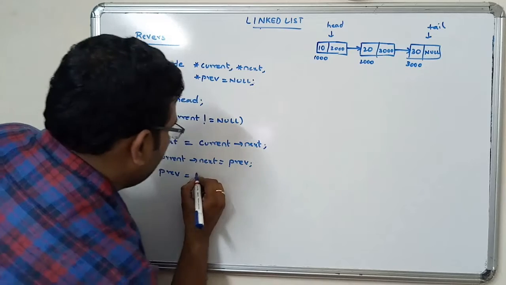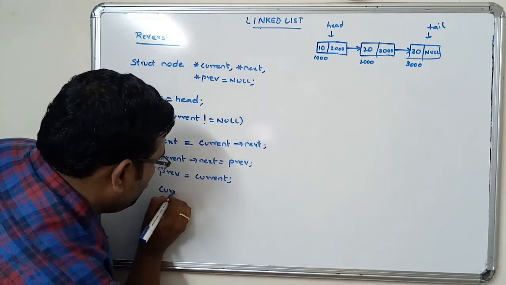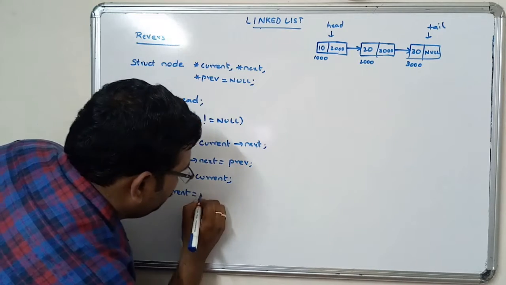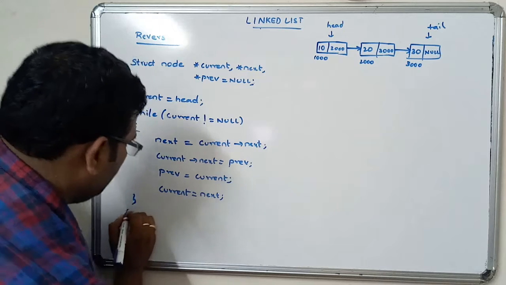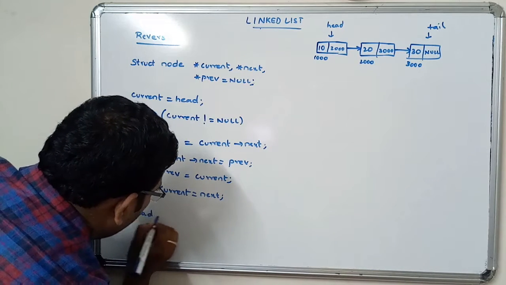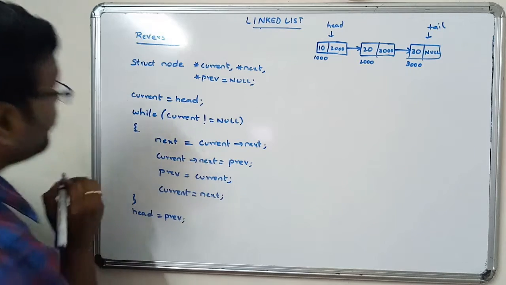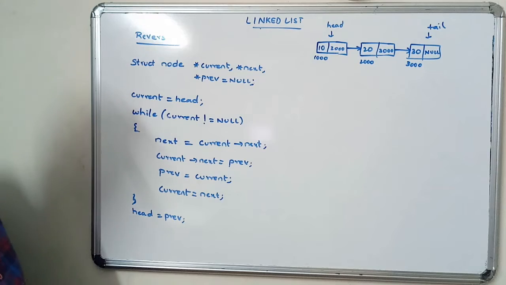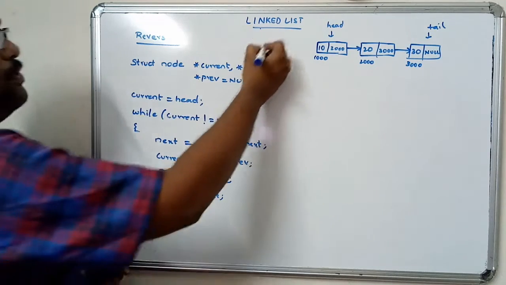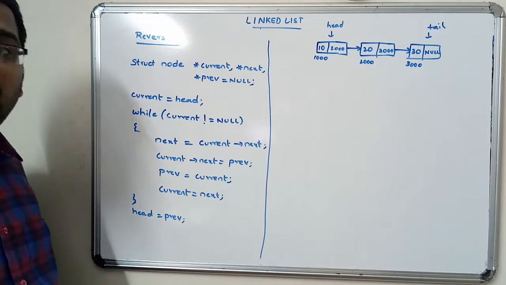Previous element is equal to current element. Current element is equal to next element. After completion of this one, just assign the previous node to the head. Right. So this is the simple logic for reversing a linked list.